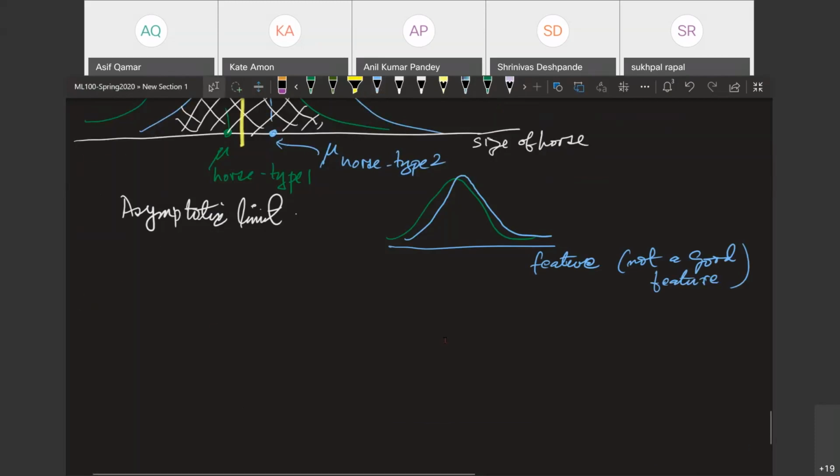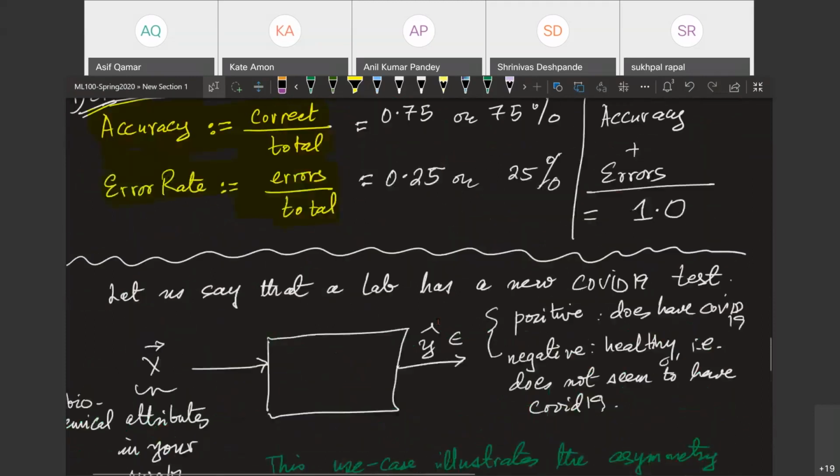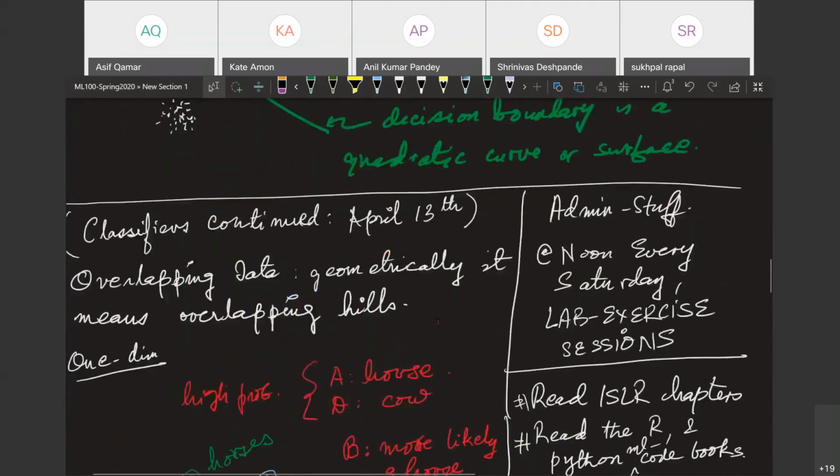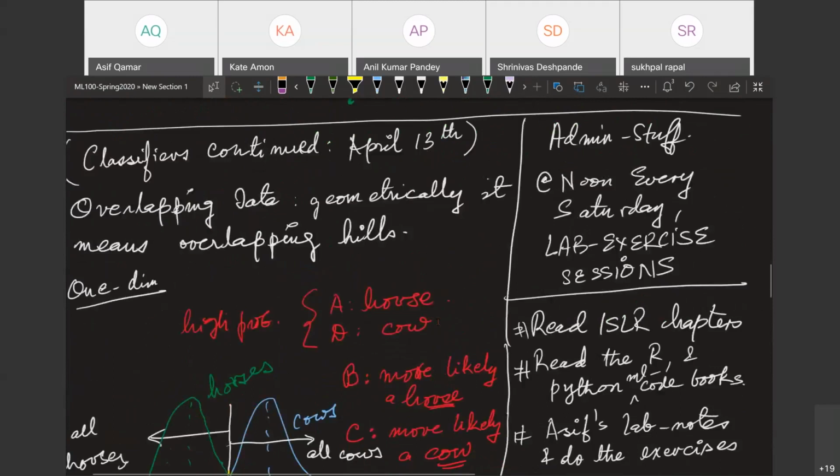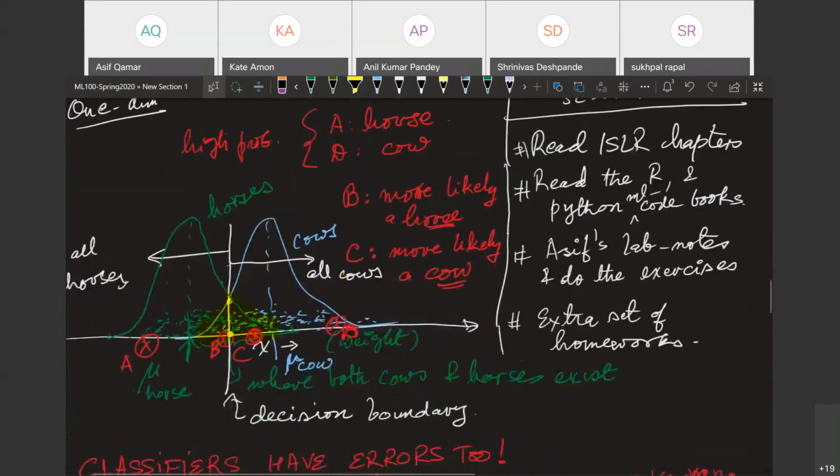Let us go and recap what we learned. We learned that geometrically, we can have overlapping data. When there's no overlapping data, for example, for ducks and cows, there is no sufficiently gigantic duck that you would confuse with a cow, and no minuscule cow that you will confuse with a duck.